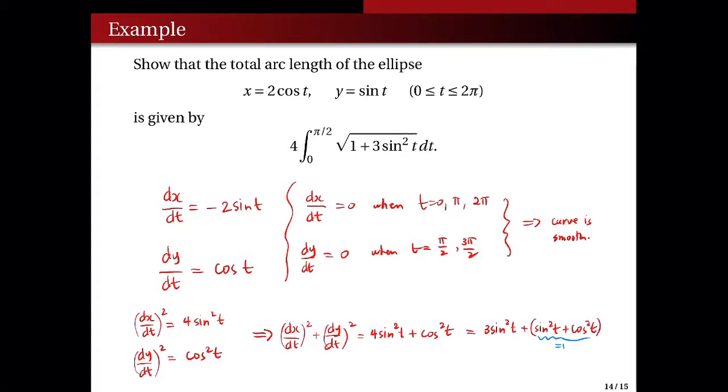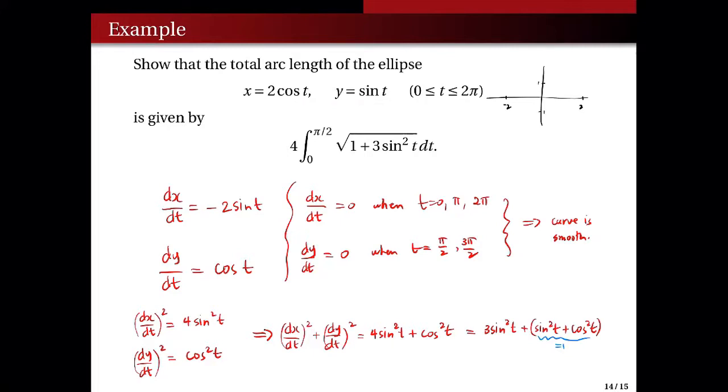And now, this is an ellipse. If we try to sketch the ellipse, this is 2 here, this is negative 2, this is 1, and this is 1 here.